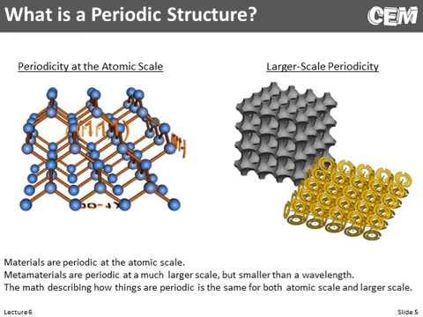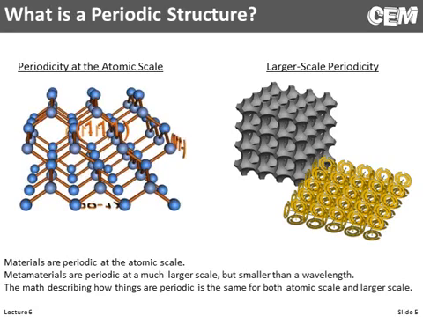So what do we mean when we say something's periodic? And there's two viewpoints, and we're talking about one but not the other. The first is periodicity at the atomic scale. If we look at the atomic lattices, we could say that a material is periodic. But this isn't what I'm talking about. I'm talking about much larger scale periodicity, like the devices I'm showing on the right. Very often, for microwaves, you could stick your fingers between those holes.